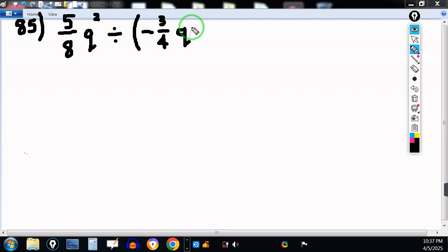So what we want to do is step by step. Remember this 3 over 4, this will be q minus 1 over 1. I can put it for your reference.